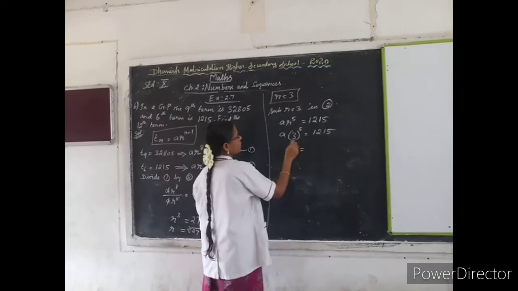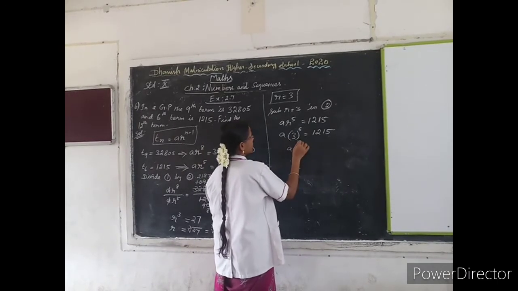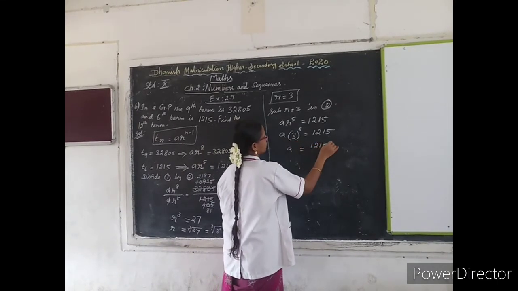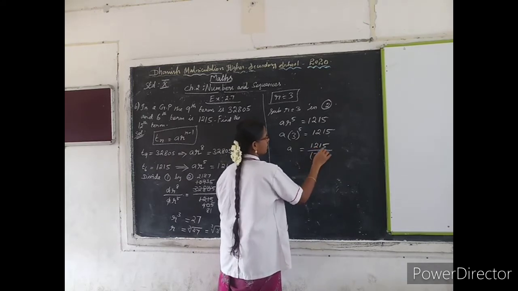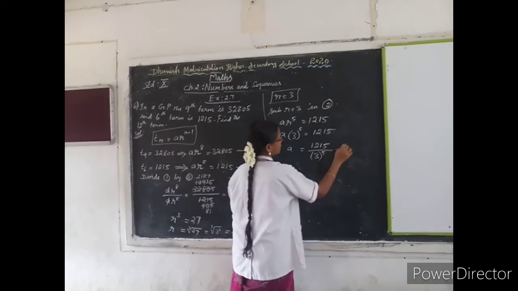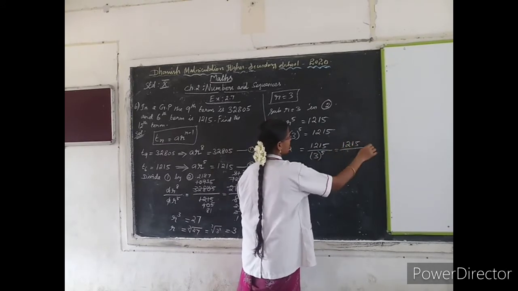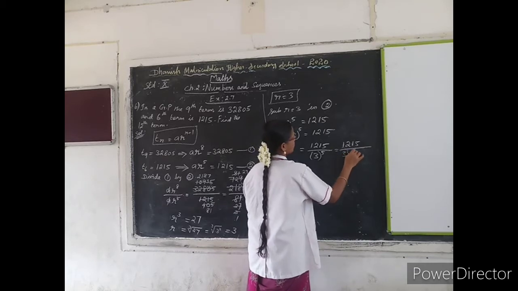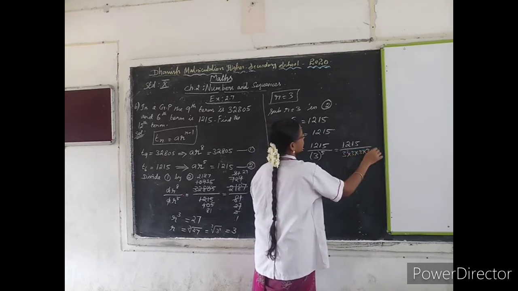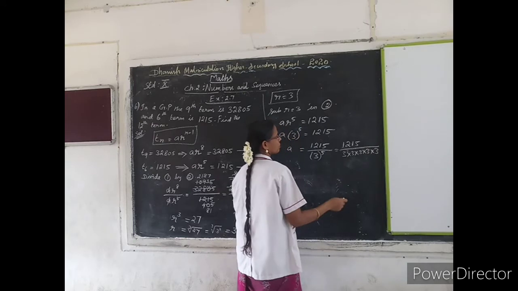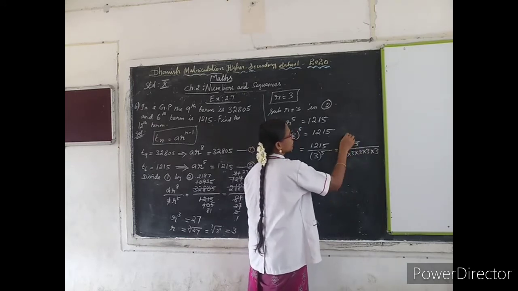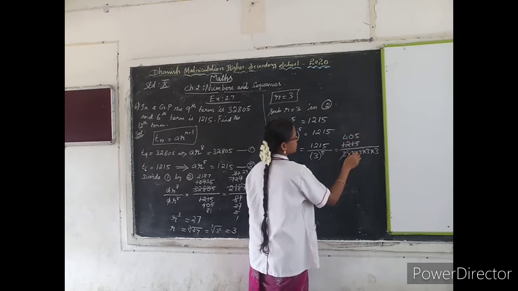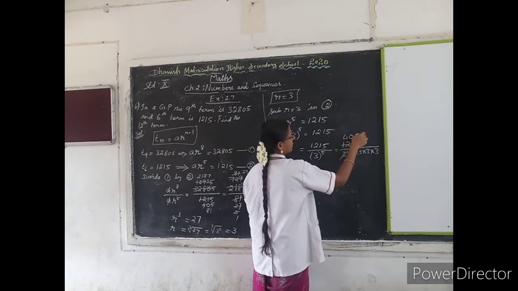A is equal to this. Multiplication goes to that side, which means division. 3 power 5 can be written as 1215 by 3 into 3 into 3 into 3 into 3. 3 times, 3 1 times, 4 times, 0 5 times, again the 3 table, 1 times.